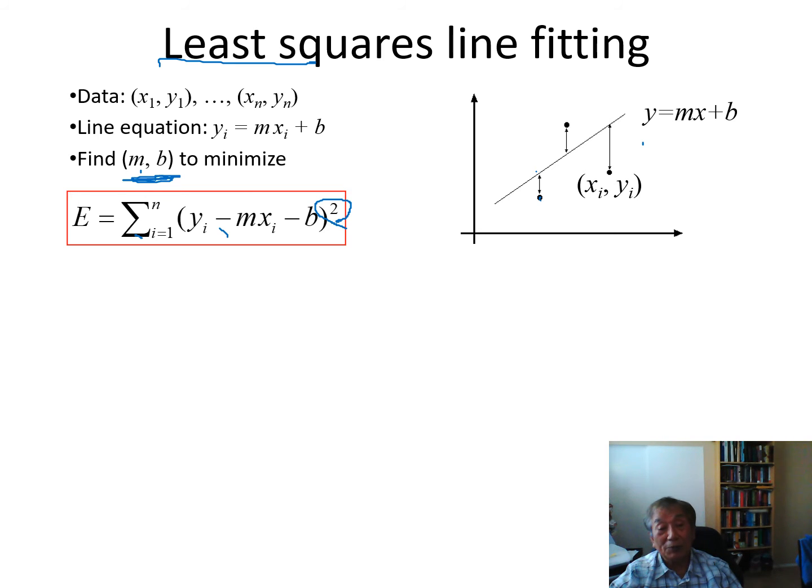You have these observed points, and what linear straight line will fit best? In statistics, they usually cover this least square method in about the 8th week.